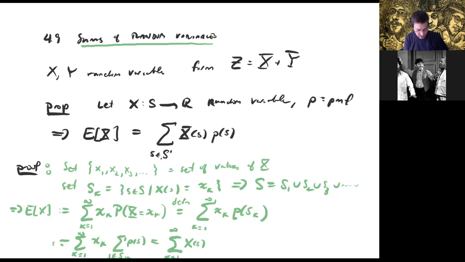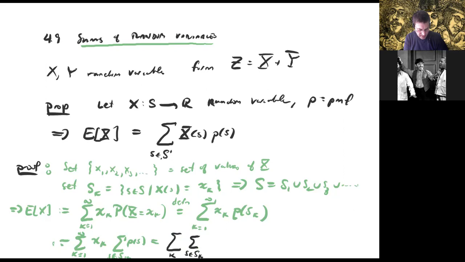Oops, I didn't write this correctly. I think I'm going to go back to black ink. It'll be clearer if I do it in black ink. This is the sum of the following. So xk is the value of elements of Sk under the random variable. So this is the sum over k, the sum over s in Sk of xk.